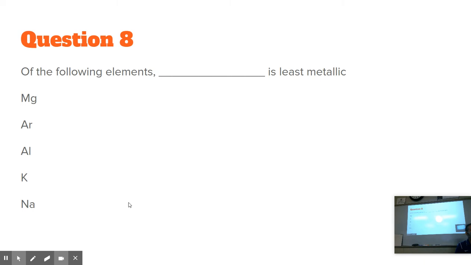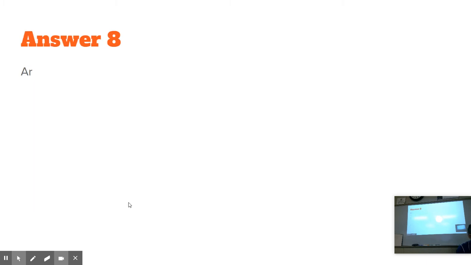Question 8. Again, I want you to think about this one. Of the following elements, blank is least metallic. You've got magnesium, argon, aluminum, potassium, and sodium. So using the metallic character trend, if you came up with the answer of argon, you'd be correct.